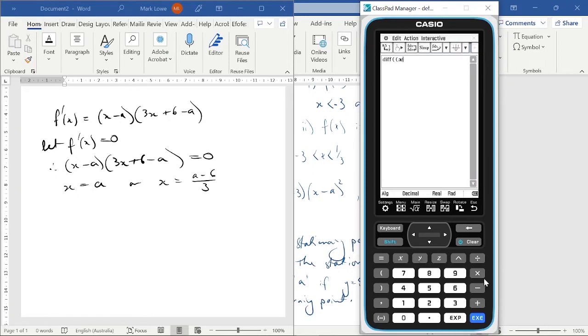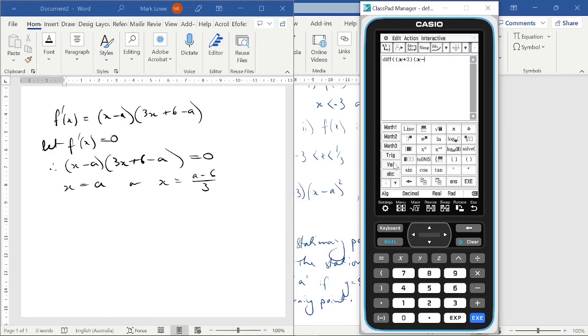Right, so we've got x plus 3, close brackets, put in another bracket, and then it's x minus, now I need to go to the keyboard to bring up variable a, close bracket, and then squared, and then close the brackets around it all.